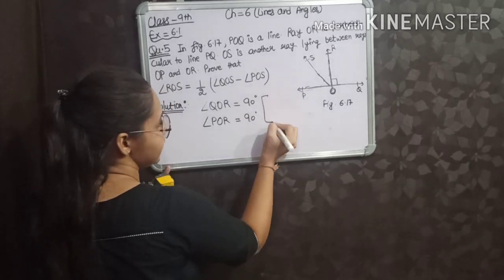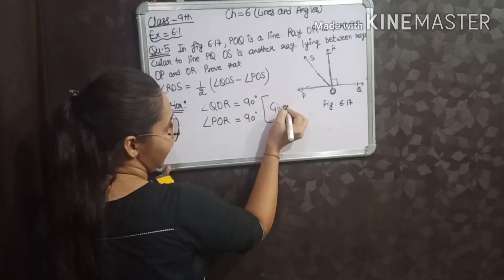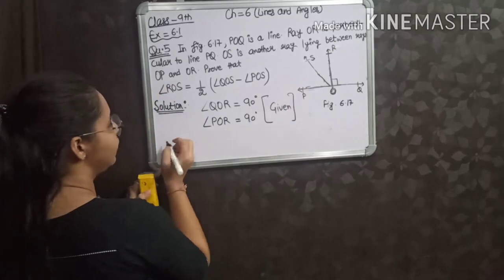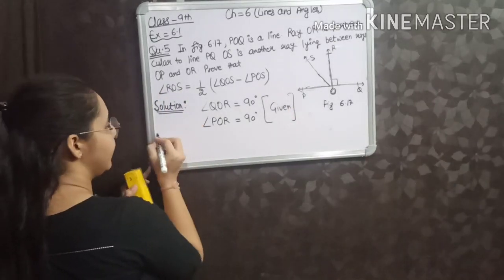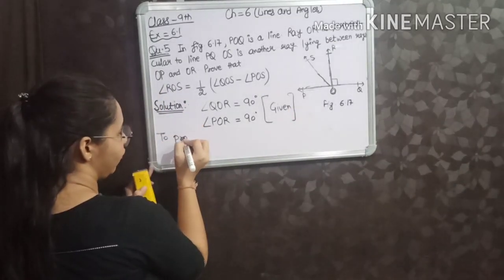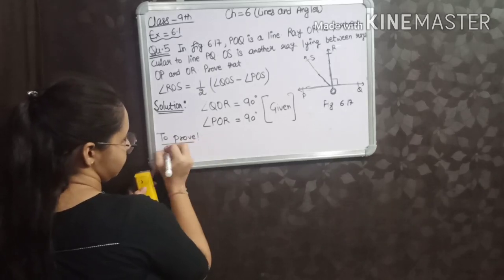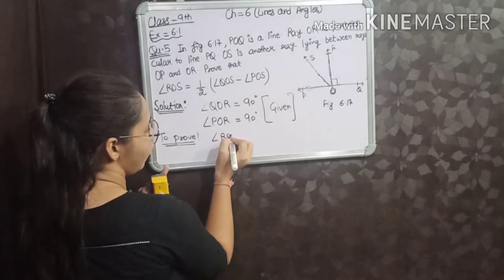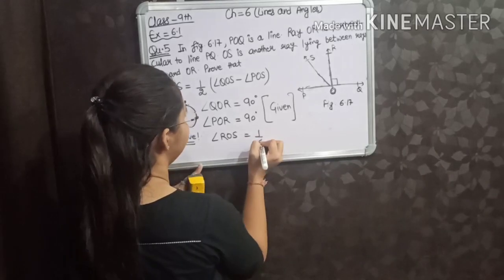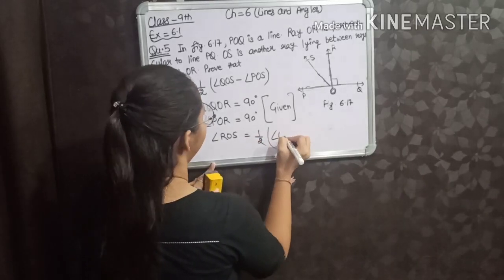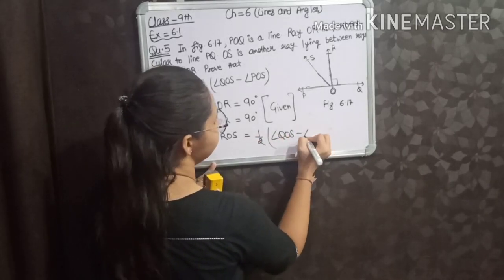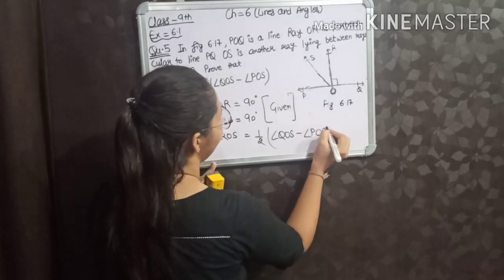Okay, this is given. And to prove, write down here: angle ROS is equal to 1 by 2 of angle QOS minus angle POS.